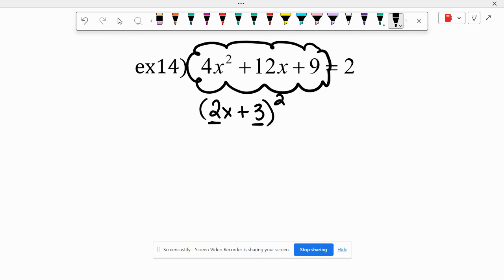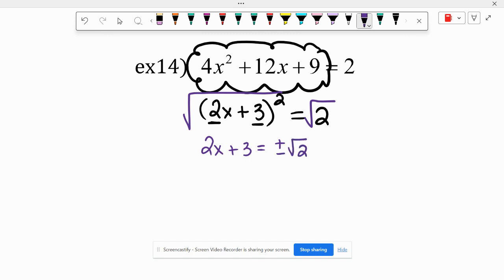So 2x plus 3, the quantity squared, equals 2. How do I get rid of that? Square root it. Take the square root of both sides. So that means that 2x plus 3 equals a positive square root of 2 or a negative square root of 2.